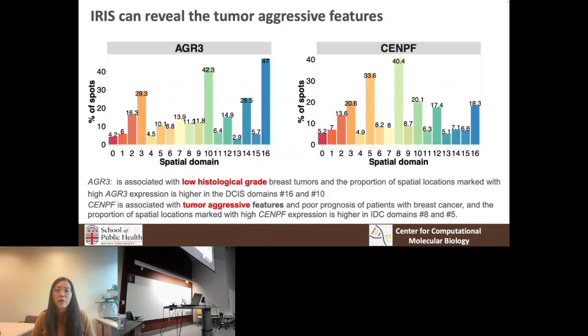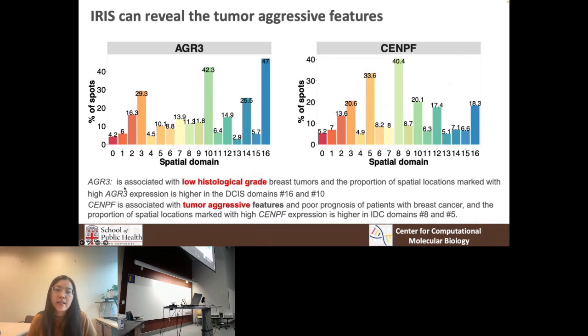We also quantified the proportions of spatial locations in each domain. We found that it displays a high expression of the tumor invasiveness marker genes, and further confirmed that domain 8 is more invasive than domains 5, 10, and 16.